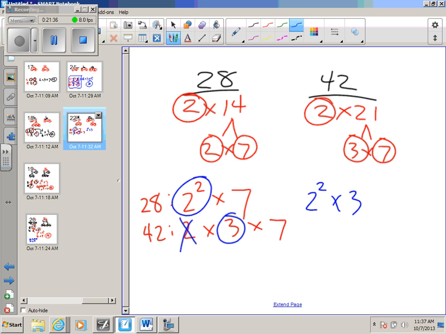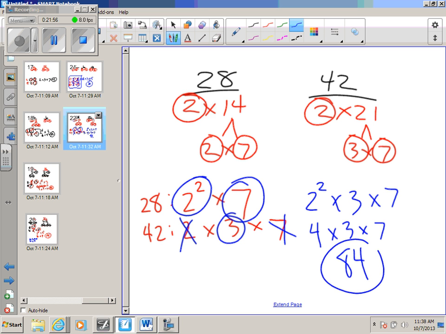And between a 7 and a 7, which one? Either one I want, right? So I'll cross that one out. I'll pick that one. 2 squared is 4 times 3 times 7. 4 times 3 is 12. 12 times 7? 84. Yes.